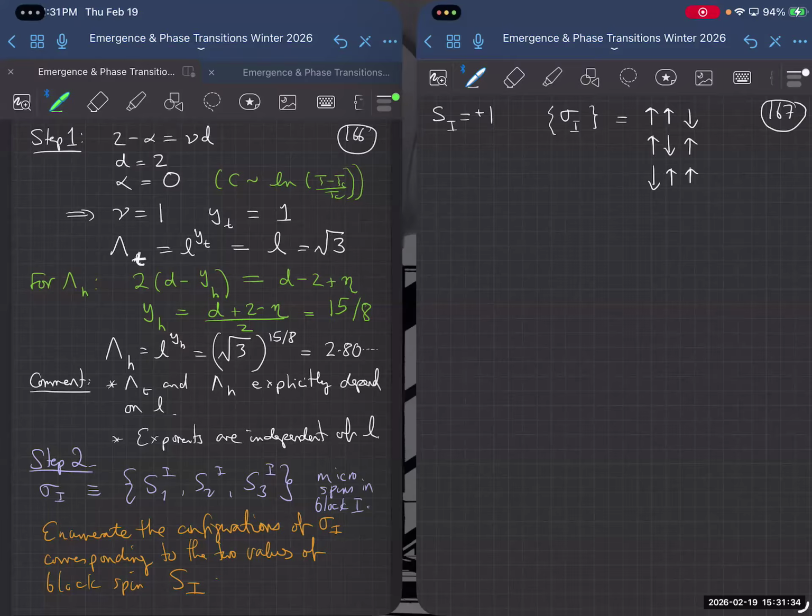What is it? Go ahead. They're all pointing up. Yes. Thank you very much, Jinting. So we missed this configuration, the one with all spins up. So there's 4 of those.